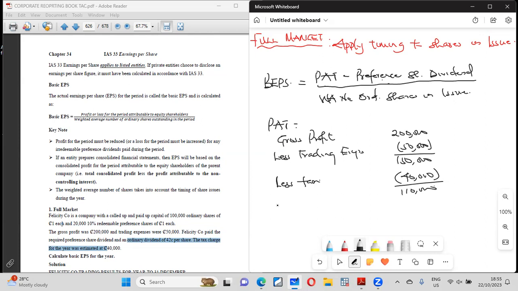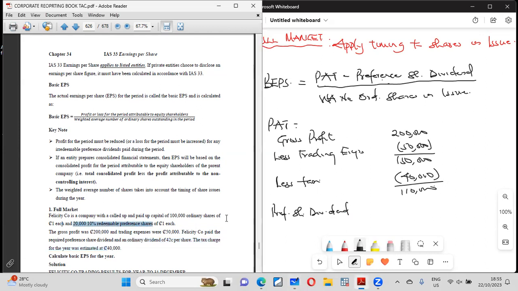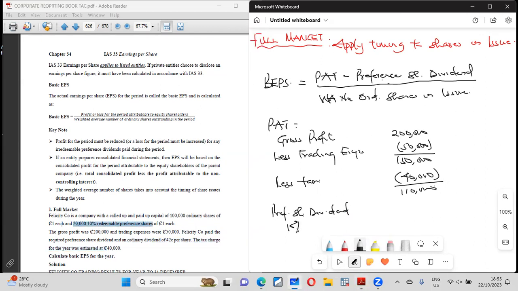Then we've not forgotten about the preference share dividend. So preference share dividend will be given by this. We have 10% of 20,000. So that gives us what? 2,000.